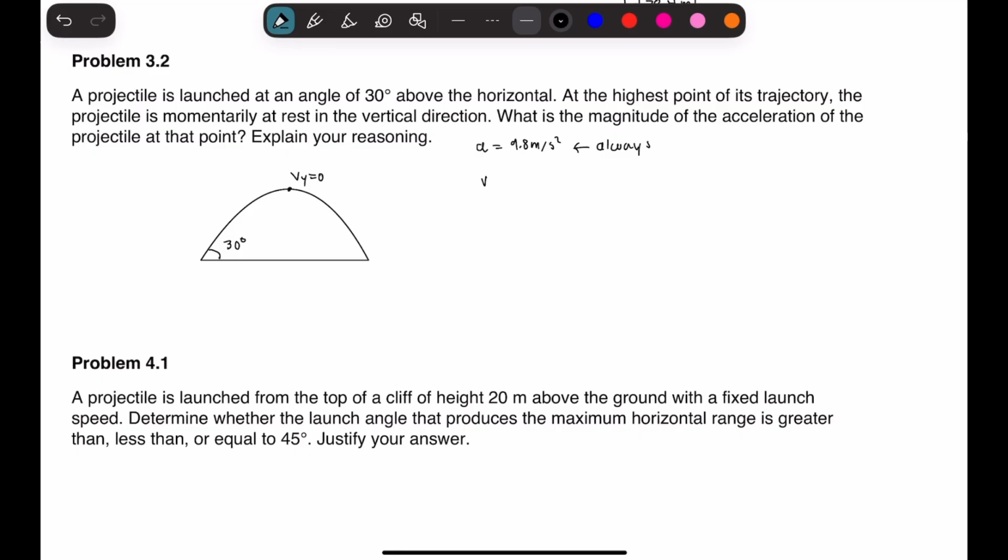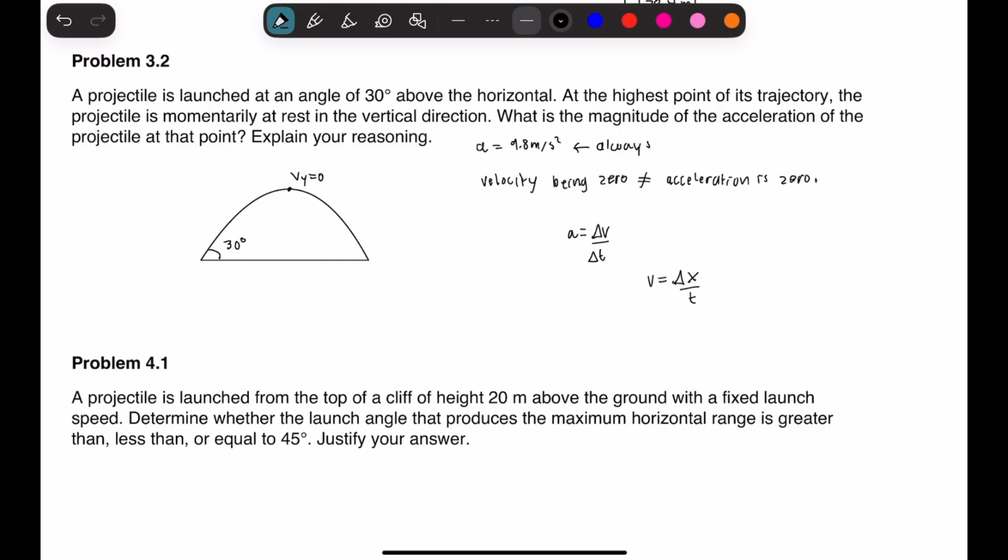So that means that velocity being 0 does not mean acceleration is 0. That's because acceleration is the change of velocity over time, and velocity is the change in x over time.